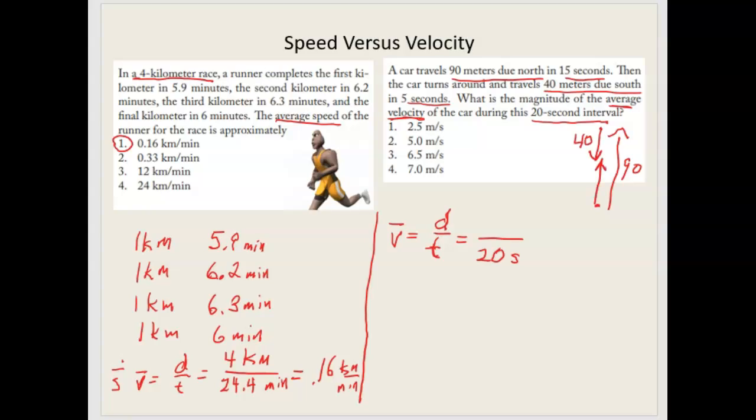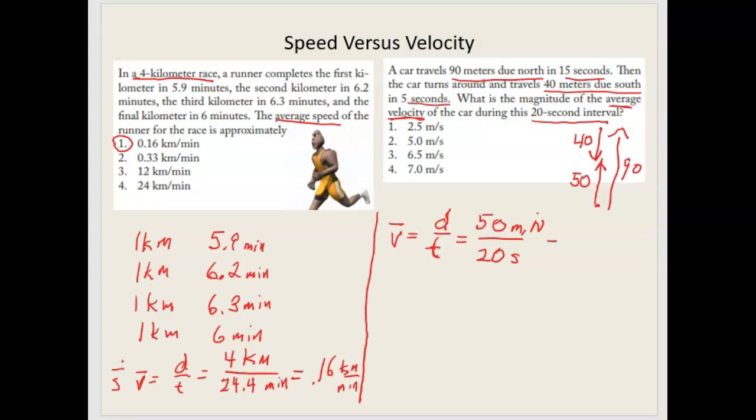Well, our displacement would be 50 meters up, or 50 meters north. So we would say our displacement is 50 meters north.